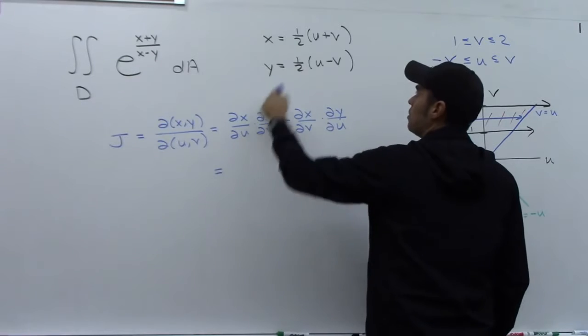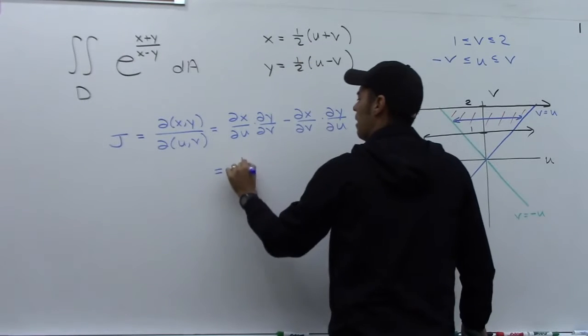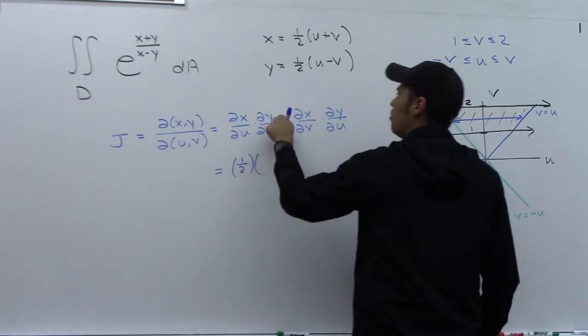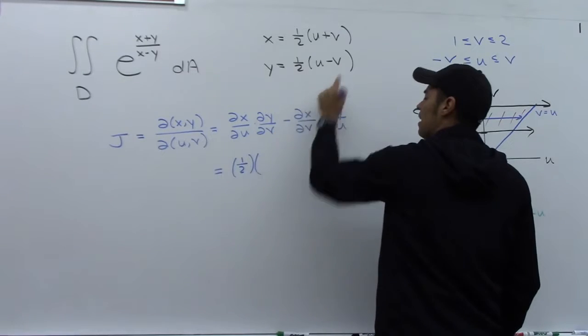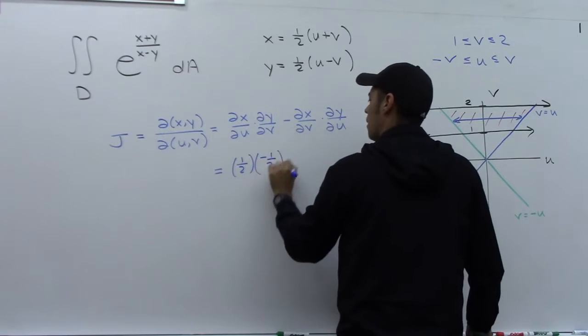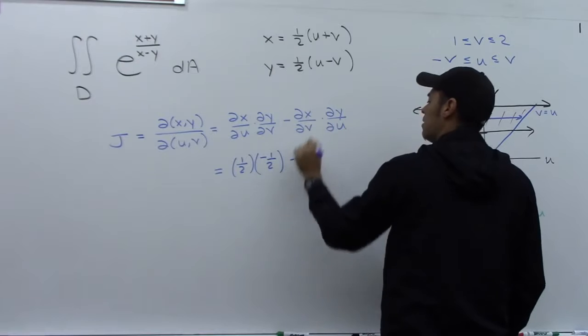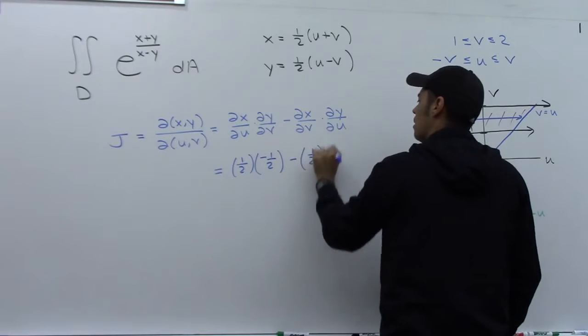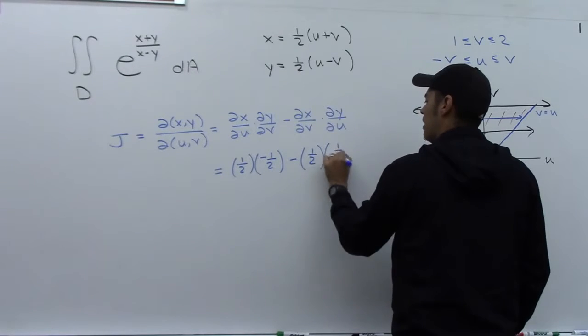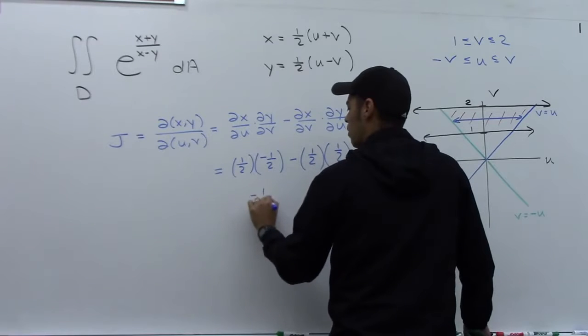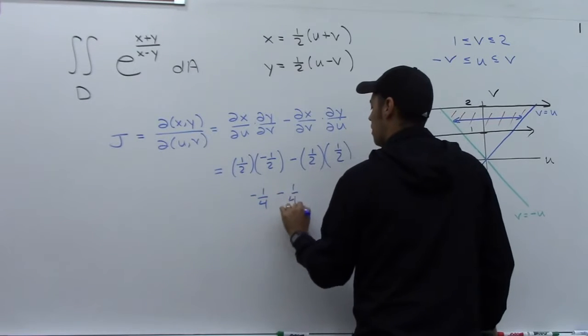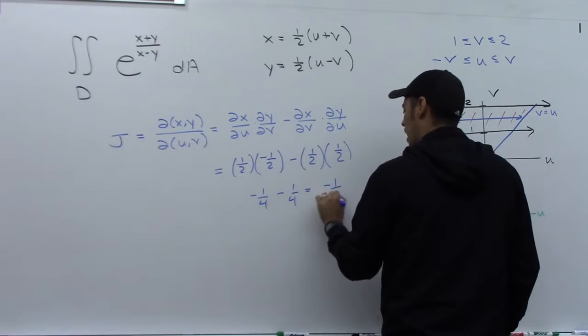Partial of x with respect to u is going to be 1/2. Partial y with respect to v is negative 1/2. Minus partial x with respect to v is 1/2. Partial y with respect to u is 1/2. So you get negative 1/4 minus 1/4, which is negative 1/2.